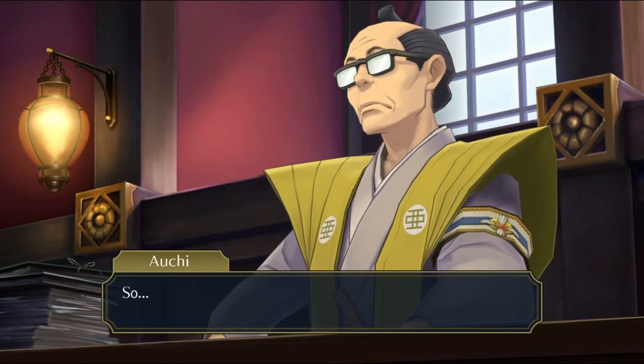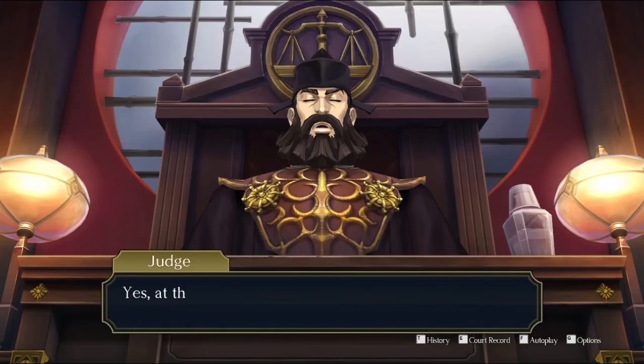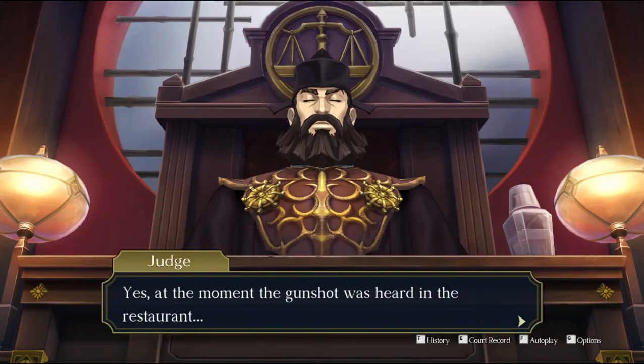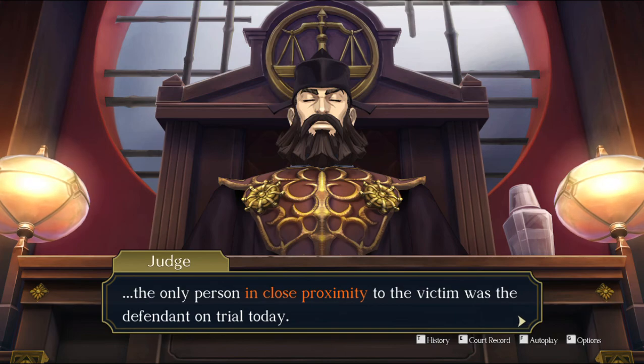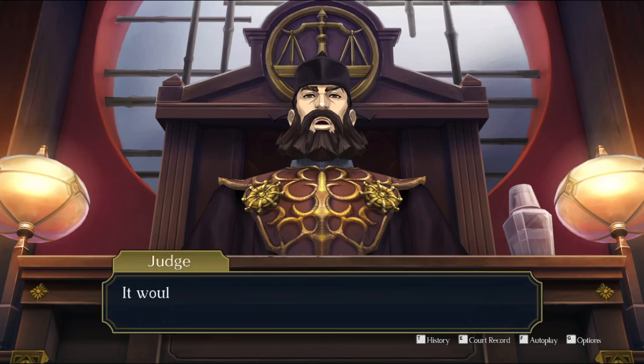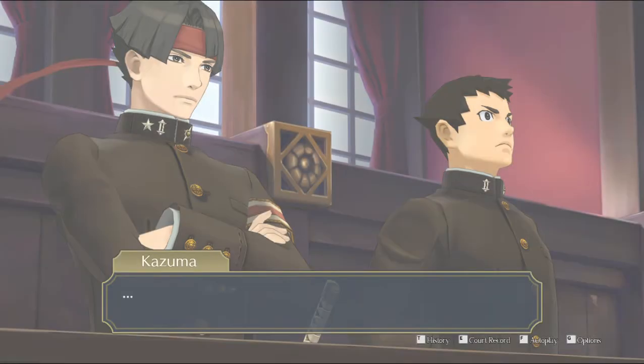So, the court has now heard a precis of the case. At the moment the gunshot was heard in the restaurant, the only person in close proximity to the victim was the defendant on trial today. It would seem we're looking at a black and white case here.